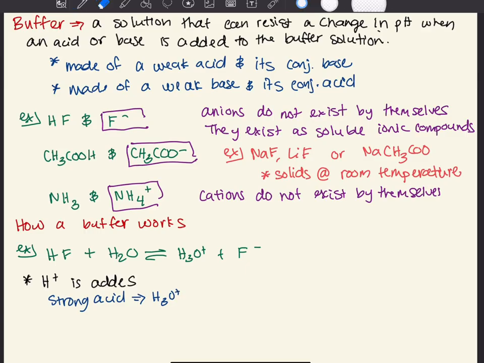And so that hydronium ion can react with fluoride and it gets neutralized.